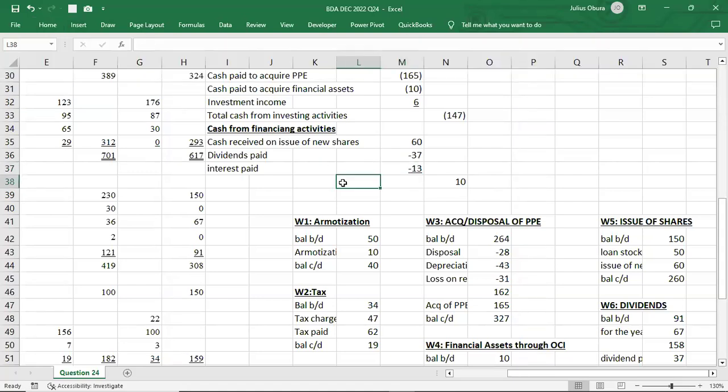Once we get that, we should now get our net cash flows.